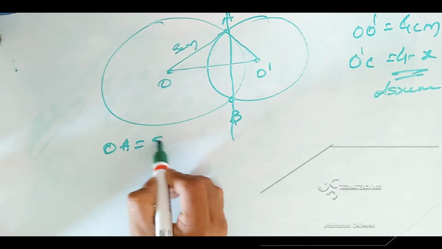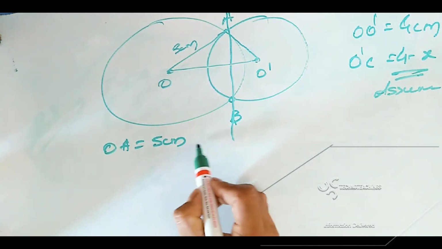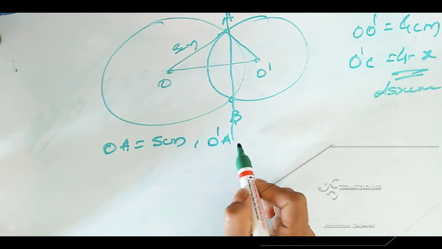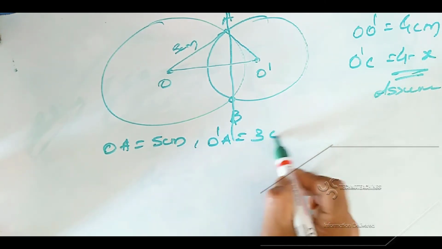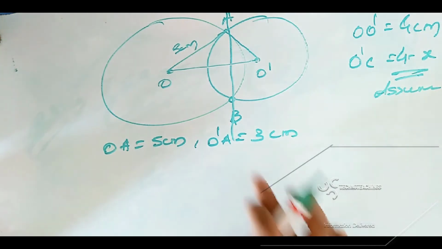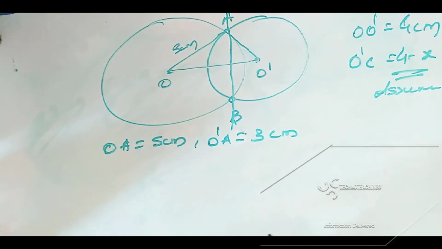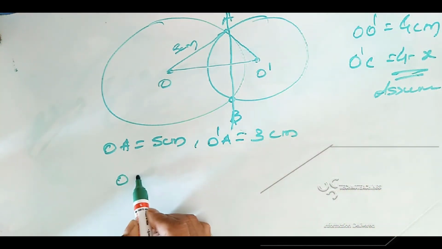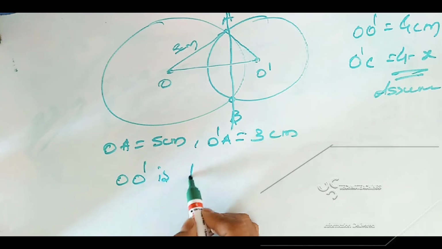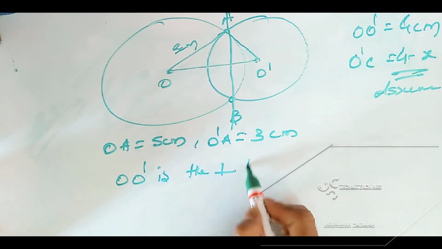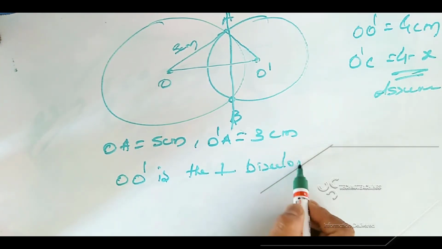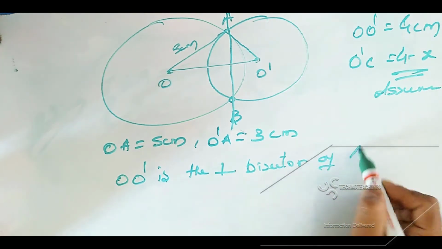And now the given data, OA equals 5 centimeter, O dash A equals 3 centimeter, and O to O dash is the perpendicular bisector of AB.